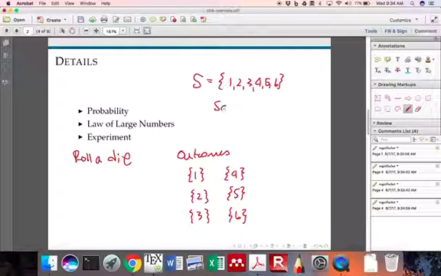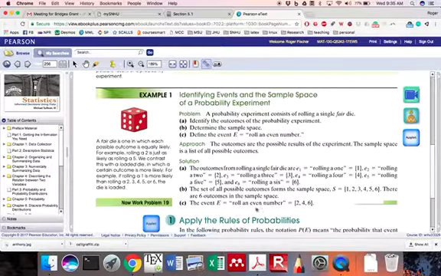That's the sample space. And notice here, how do you define the event E, roll an even number? These are the only possible outcomes from the sample space that are even numbers. So this event is the set containing these possible outcomes.